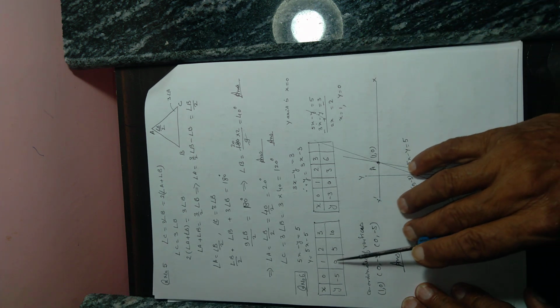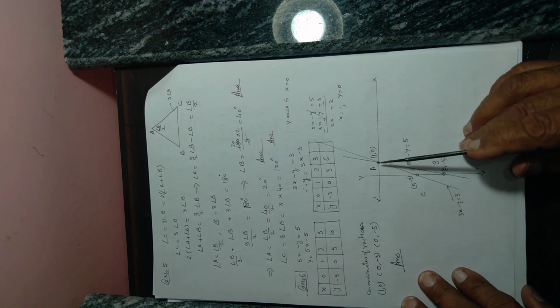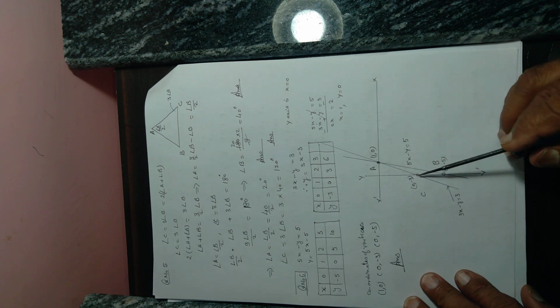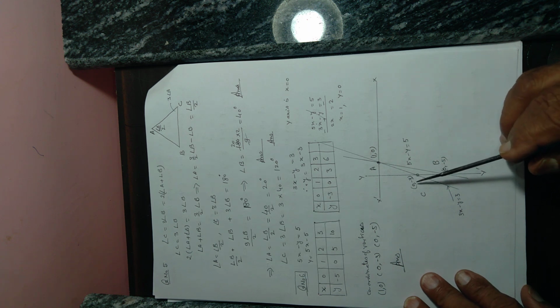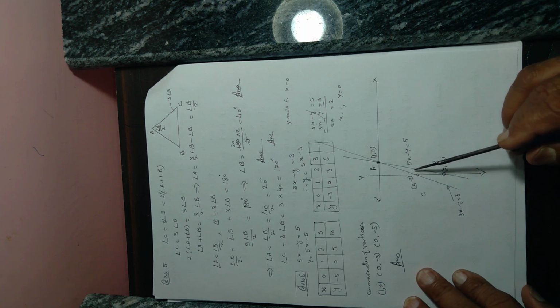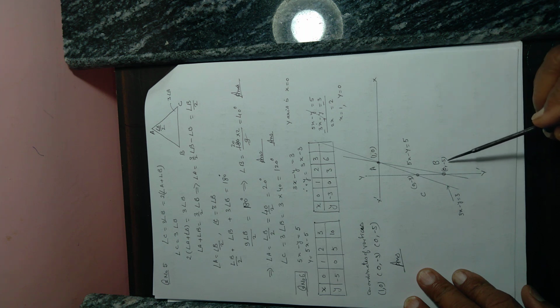Now with the help of the coordinates given, we can plot the graph. You see, these two lines will intersect at (1, 0), and they will intersect the y-axis at (0, -3) and (0, -5).